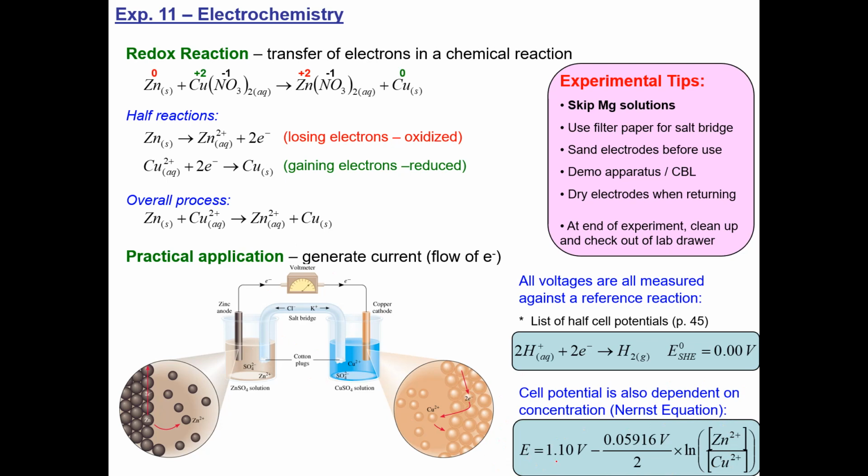So E is equal to 1.10, our standard voltage for this type of battery, minus 0.05916 volts over 2, the number of electrons transferred, times the natural log of the zinc 2+ concentration divided by the copper 2+ concentration. You'll be using the Nernst equation as you think about some of the things that are happening in the various parts of this lab.